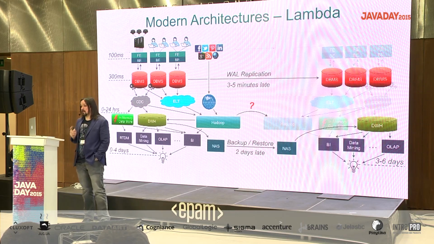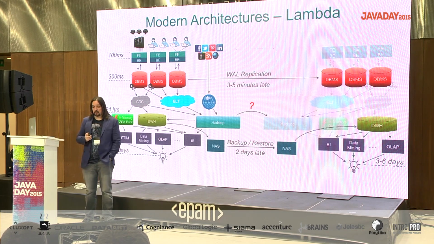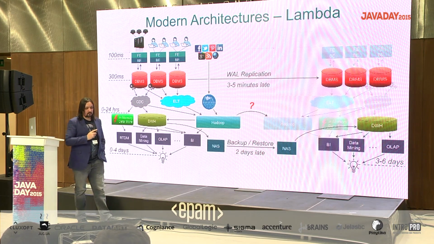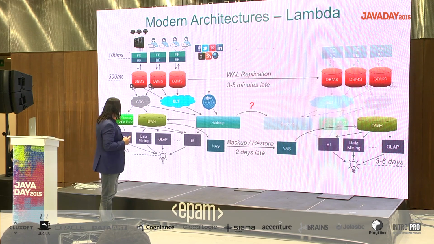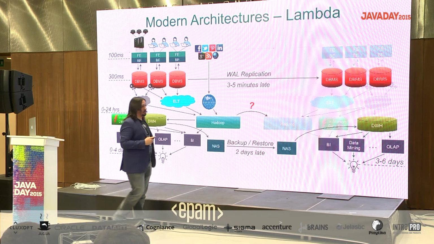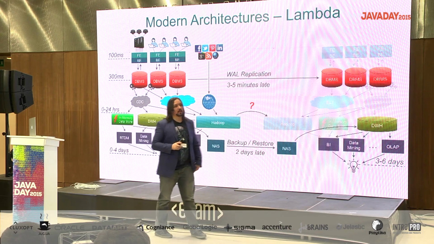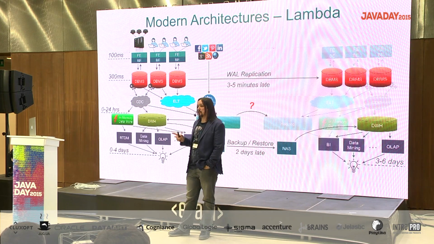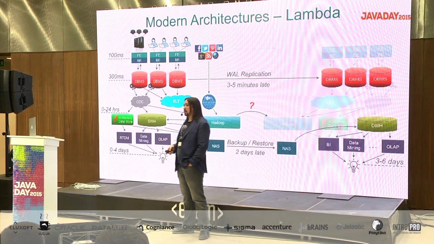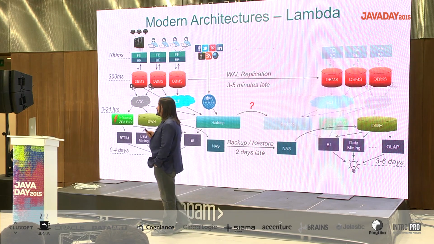But we still have many problems with this architecture. It does not solve the main issues of the previous one. Yes, it might reduce latency to nearly 0. For some of the systems you might have something like a 2 or 3 minute delay. So a user made a call, and in 2 minutes you see this call in your report. For some users it's very important.